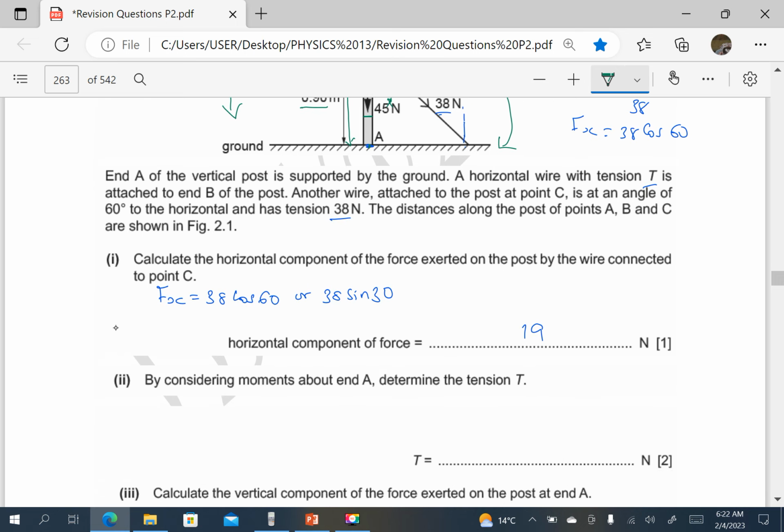So we shall say T times the perpendicular distance, 0.9 plus 0.3, which is 1.2, should be equal to 19 times the perpendicular distance, which is 0.9.